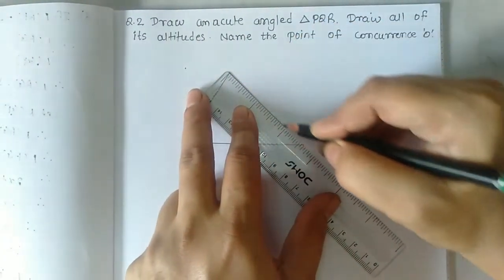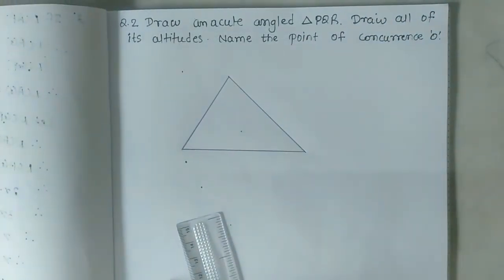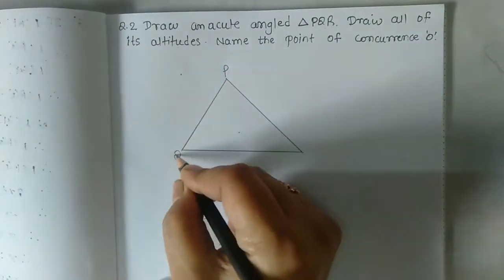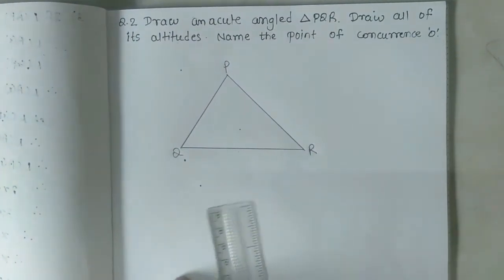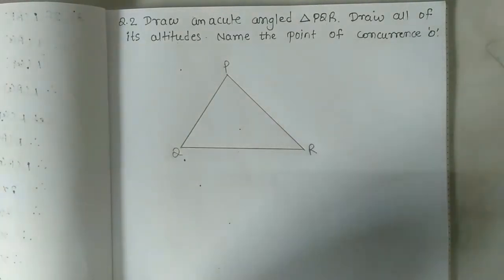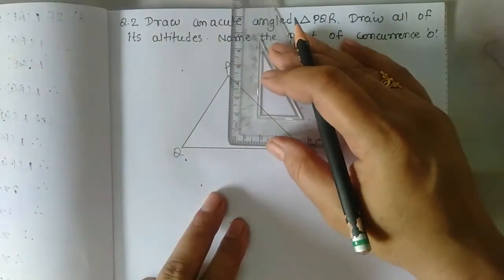So see, this is the acute angle triangle. Give the label PQR. Now draw the altitudes. Firstly, draw the altitude from P on the side QR.